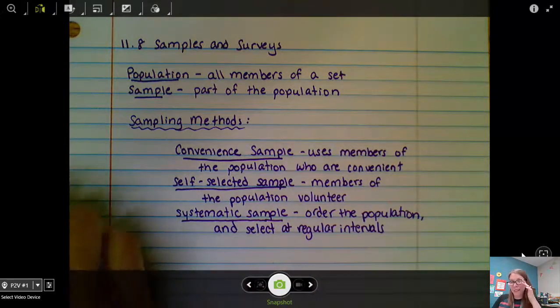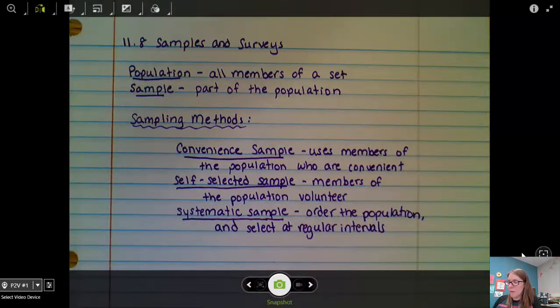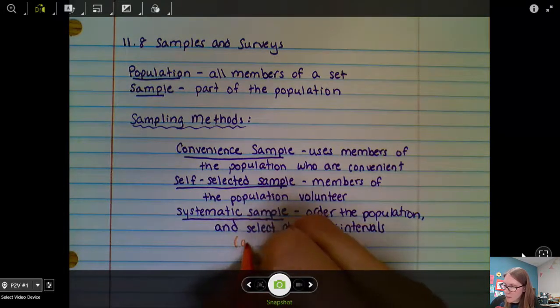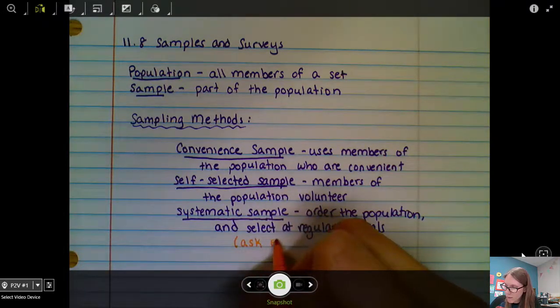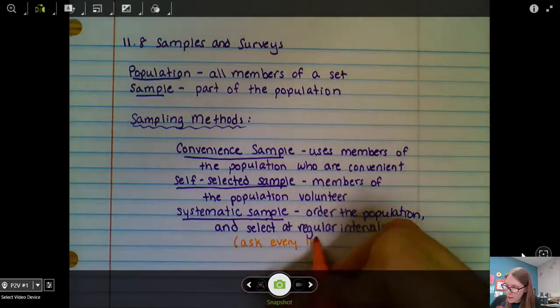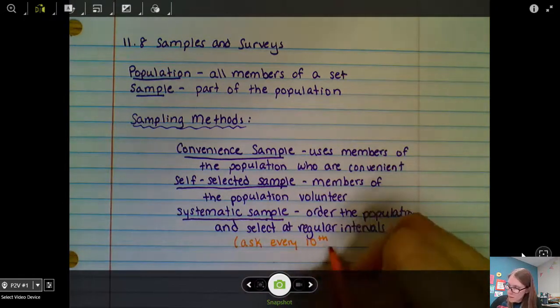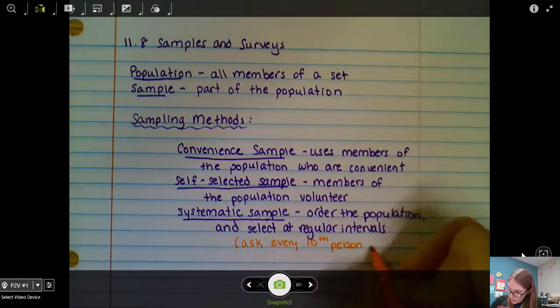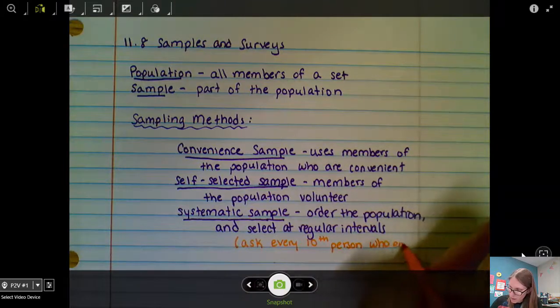An example of that would be if we were asking every 10th person who enters the building.